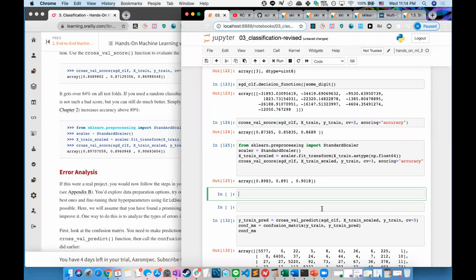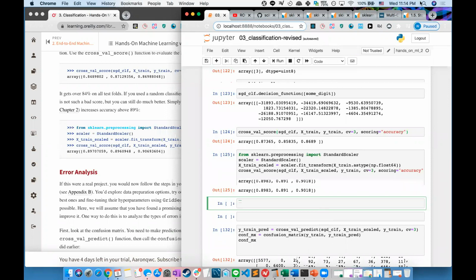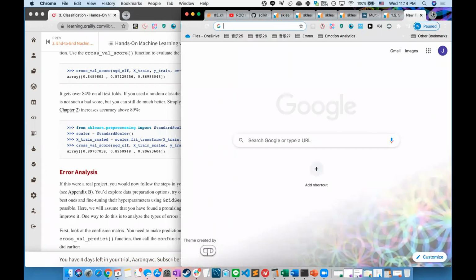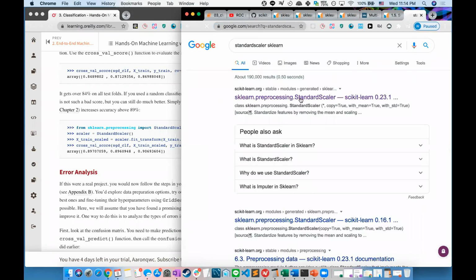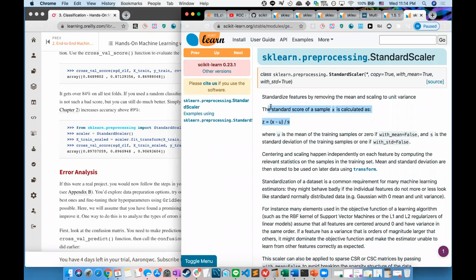Just looking at StandardScaler on the scikit-learn page, it seems like this is normalization. Yes, it subtracts the mean and then divides by the standard deviation. Exactly, that's not the same, because what that does is make the distribution have mean 0 and standard deviation 1, which means you could have negative and positive values.